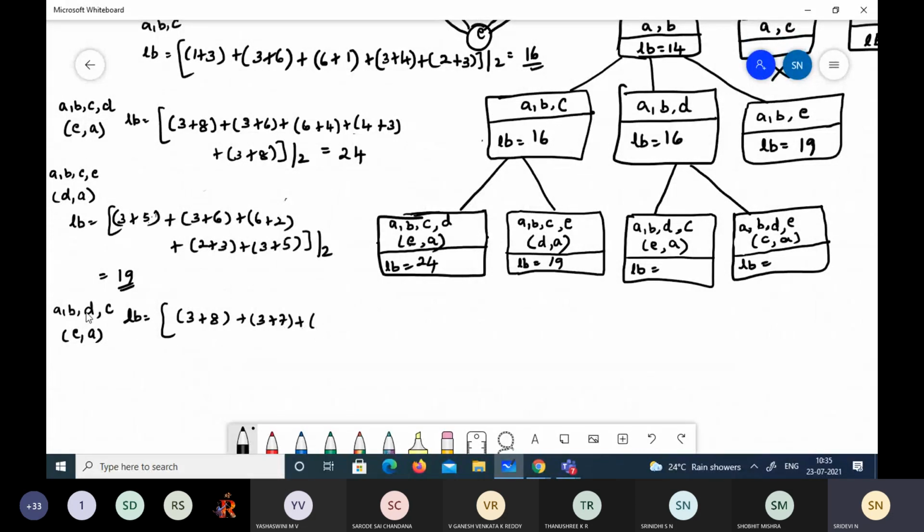Then B to D, plus D, and 4 plus 2. Just look into the graph here.